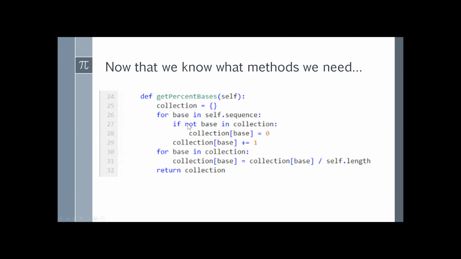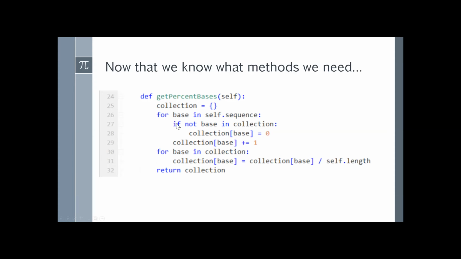So here I'm saying if not base in collection. And this is a really handy tool when you're dealing with dictionaries, because as I mentioned, if you try to look up or do something to a dictionary for a key that's not already in there, you're going to get a program crash.